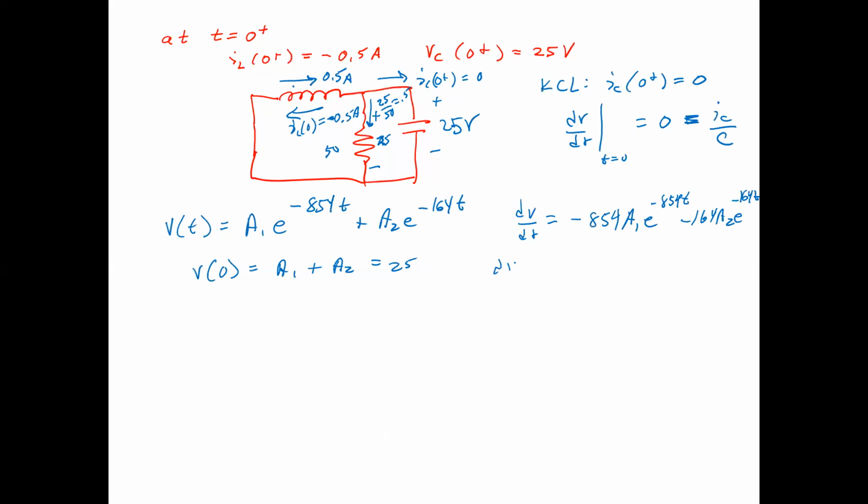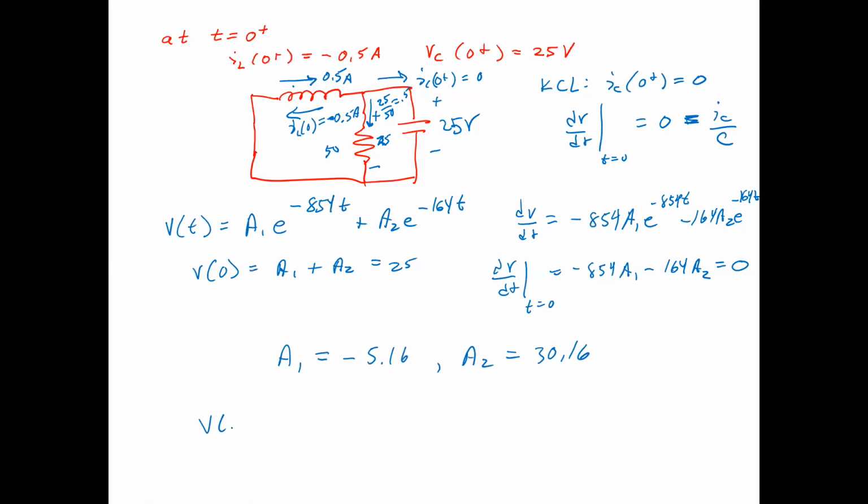So therefore dv dt, the initial slope at t equals 0, equals minus 854 A1 minus 164 A2, and that has to equal 0. When you solve it, you're going to find that A1 equals minus 5.16 and A2 equals 30.16.